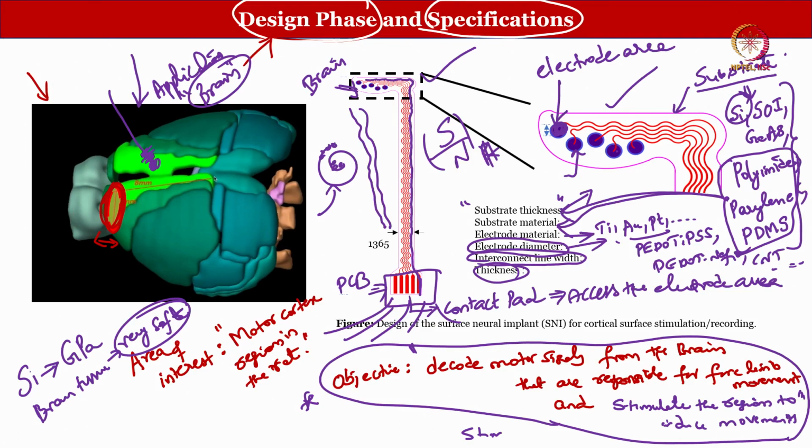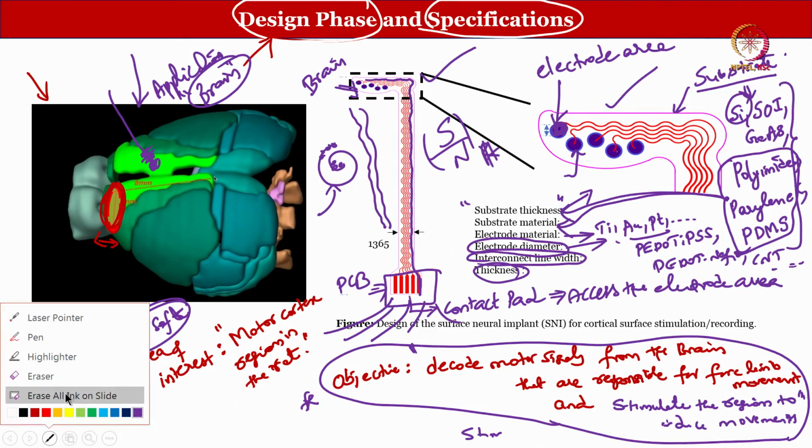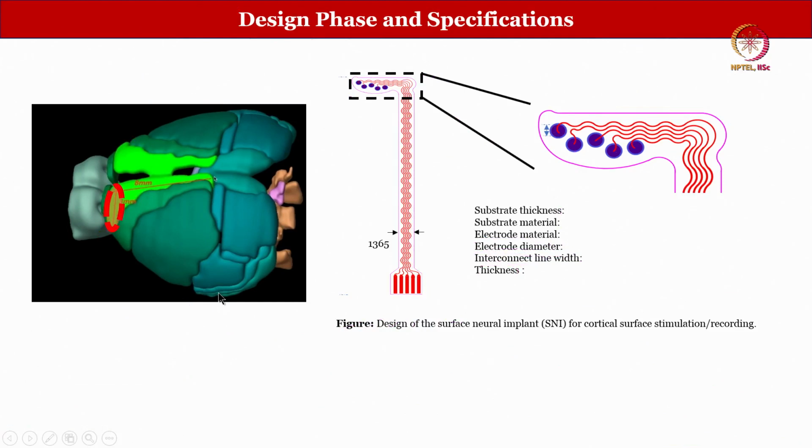Let us say, for example, you might have known by now that to form this kind of pattern, you do something called lithography, right. And let us say the lithography system that we have has a resolution of 100 micron, but your feature size here, this electrode size, is going to be 10 micron.